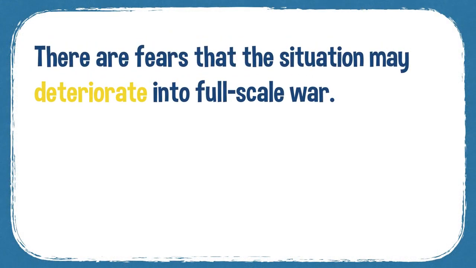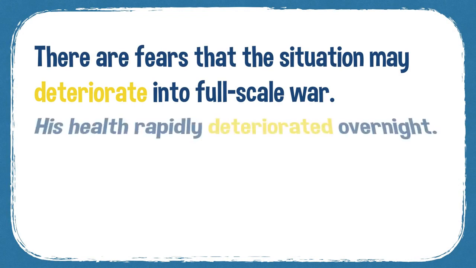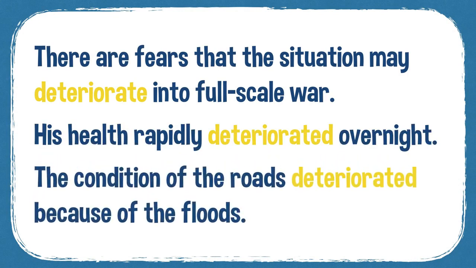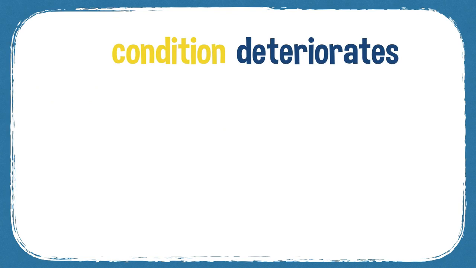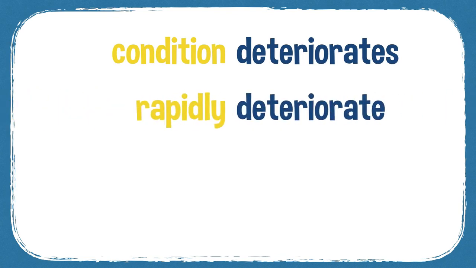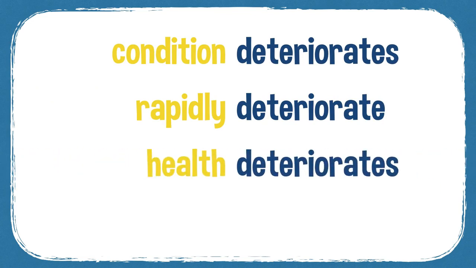Some more examples. There are fears that the situation may deteriorate into full-scale war. His health rapidly deteriorated overnight. The condition of the roads deteriorated because of the floods. So the condition of something deteriorates. Somebody's condition deteriorates, rapidly deteriorate. Health deteriorates.